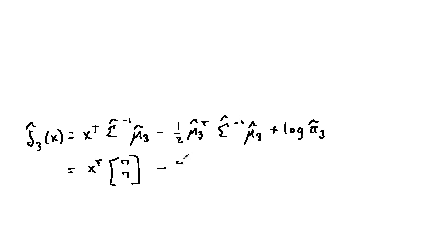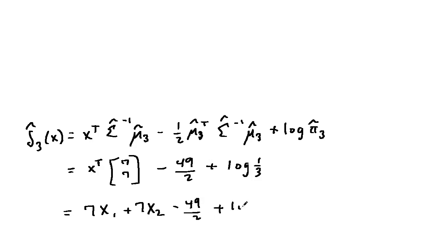For this, we get 49 over 2. Pi 3 hat was 1/3. Multiply this out.